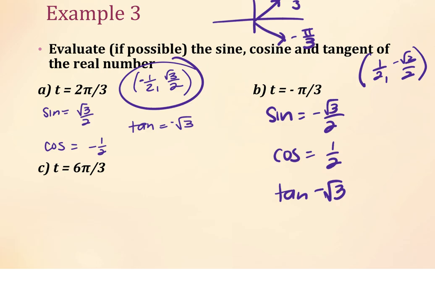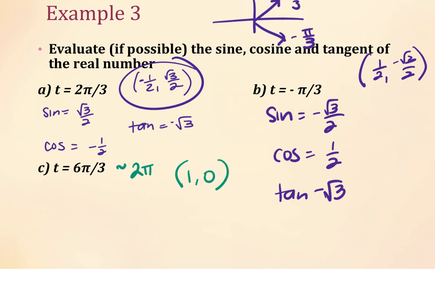All right, then you go to C, 6 pi over 3. And if you fall for it, it's a pi over 3, so you would list the same coordinate point. But what's true about 6 pi over 3? It can be simplified. That's really what? 2 pi, right? What's the coordinate point of 2 pi? 1, 0.